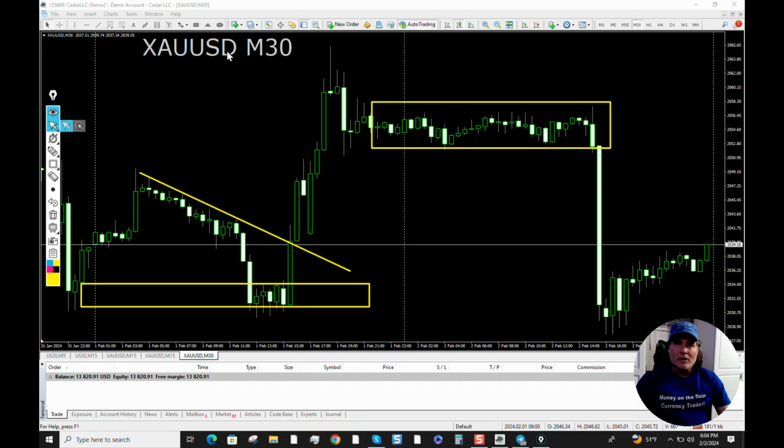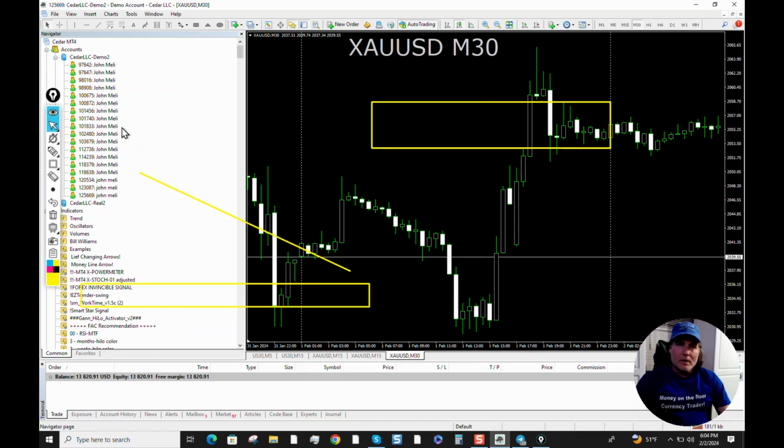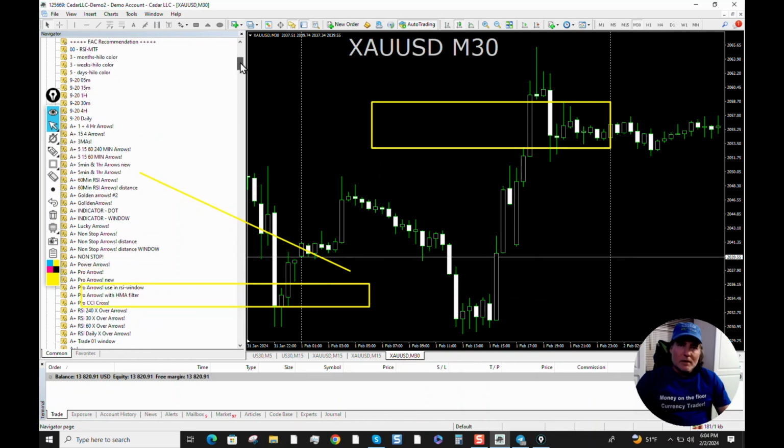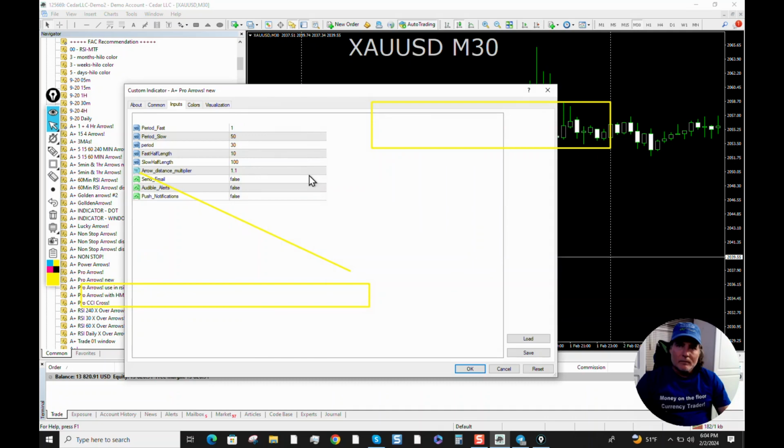So let me go over here and show you one thing. Let's pull up my arrows. If we go here real quick, we've got tons of stuff in here. Let's see if we can get the right stuff. A plus arrows. We'll use the new ones here real quick. Go into here, give these the right section.